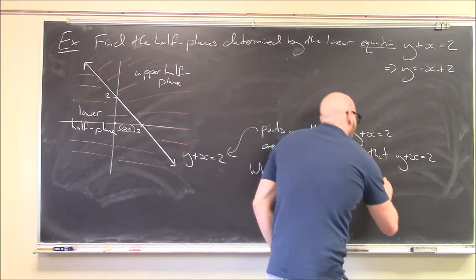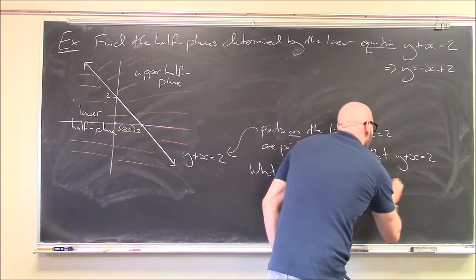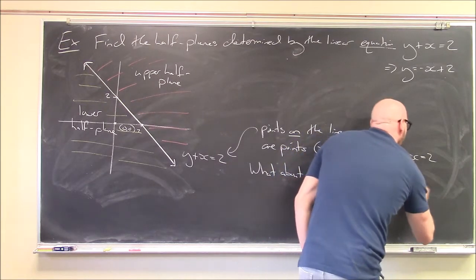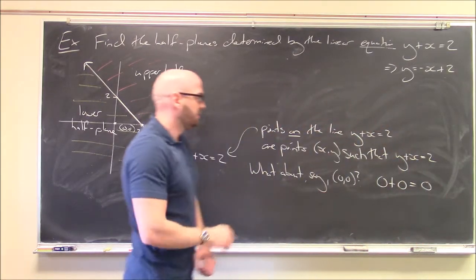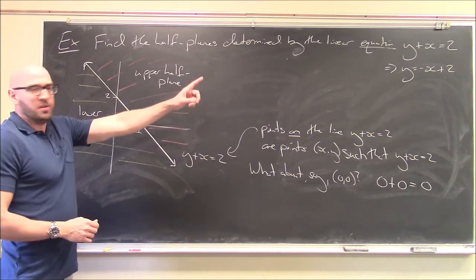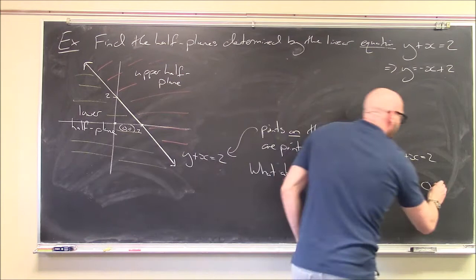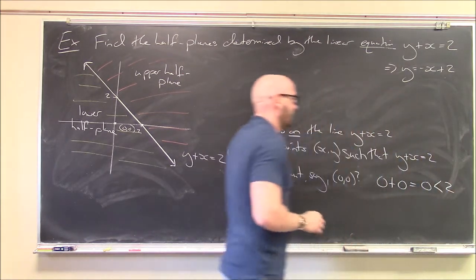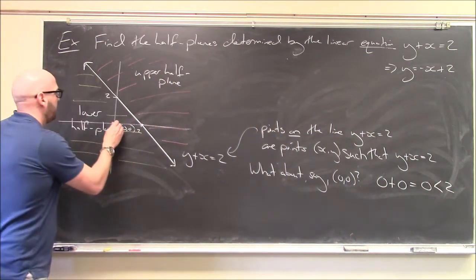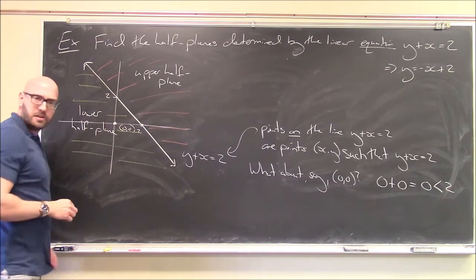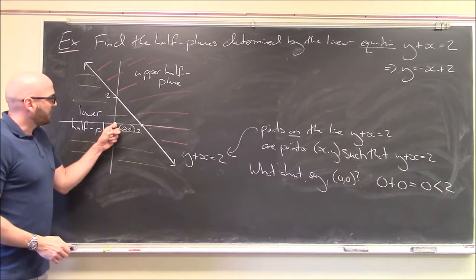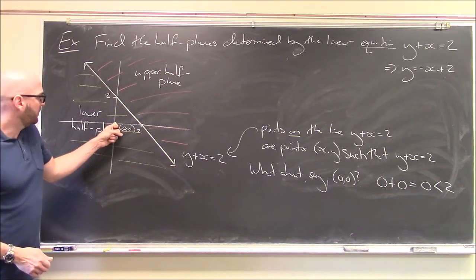What do I have? I've got 0 plus 0, well that equals 0, right? How does that relate to 2? 0 is less than 2. So for this point right here, 0, 0, I have that it is less than 2.